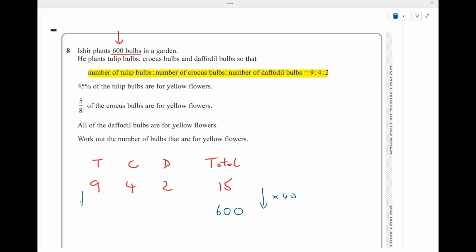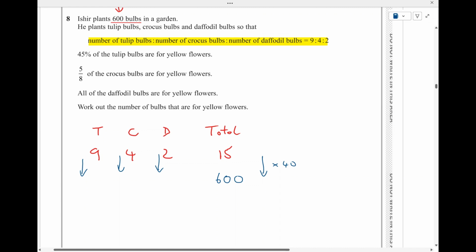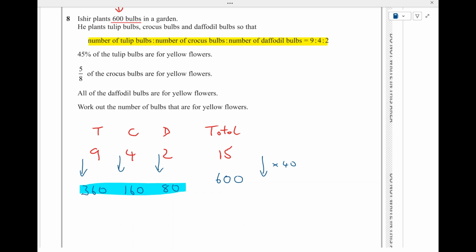So I can do 9 times 40, 4 times 40, and 2 times 40 to work out how many of each type of bulb we're planting. 9 times 40, 360 tulip. 4 times 40, 160 crocus. 2 times 40, 80 daffodil. And then I could just check that these three numbers do add up to 600. Okay, now I know how many of each sort of bulb I'm planting. Let's carry on reading the question, shall we?